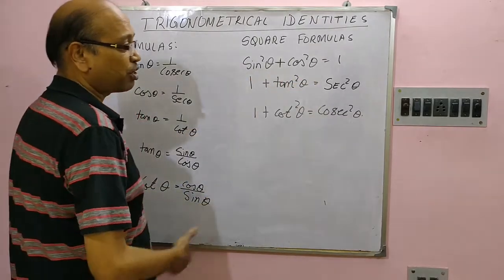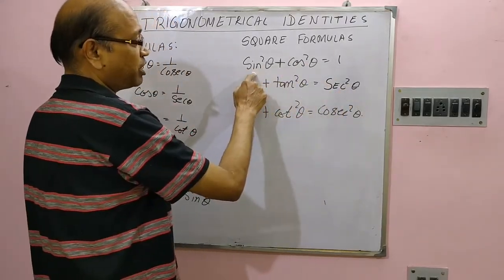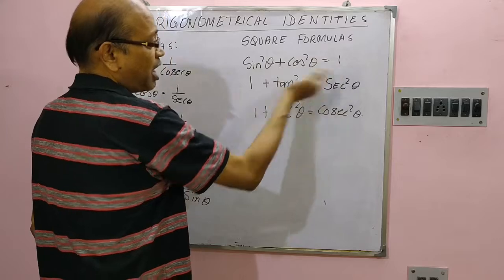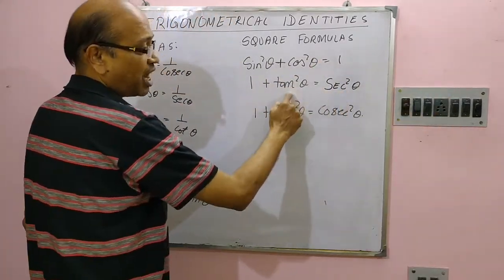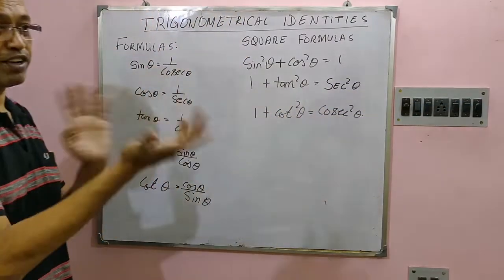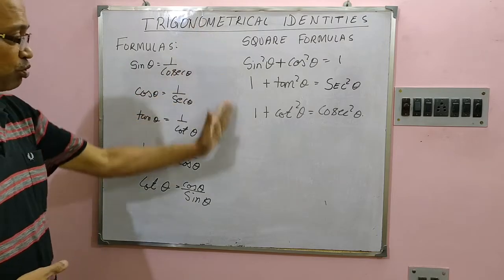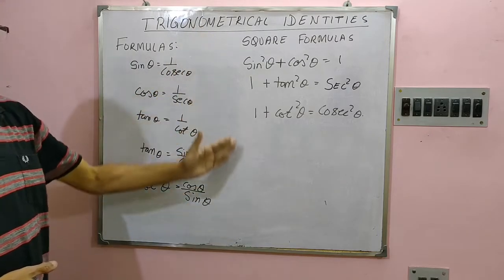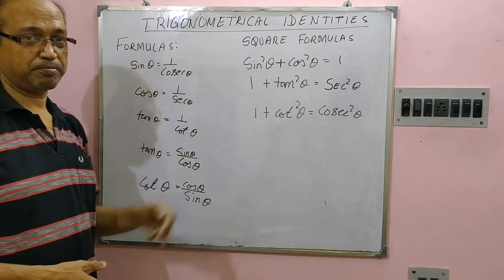If you want to remember, it has to be like this: 1 minus cos square theta is sine square theta, or sine square theta minus 1 is equal to minus cos square theta, secant square theta minus tan square theta is 1. So this way we have to learn the formulas. So please note down these formulas. With these formulas we will solve the numericals.